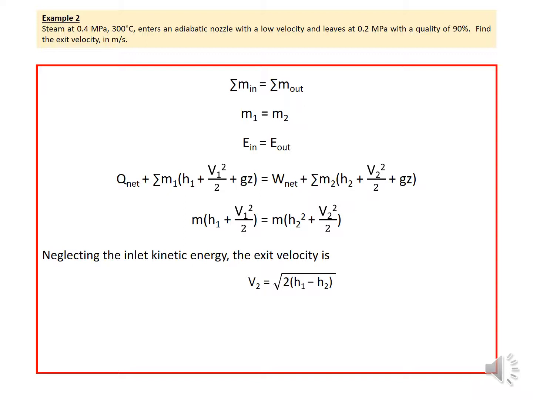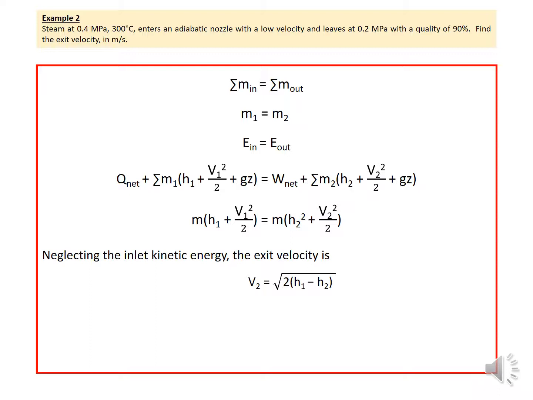We apply the conservation of mass. Summation of m in equals summation of m out. m in equals m2, and E in equals E out. Q net plus summation of m1 times h1 plus V1 squared over 2 plus gz equals W net plus summation of m2 times h2 plus V2 squared over 2 plus gz. m times h1 plus V1 squared over 2 equals m times h2 plus V2 squared over 2.